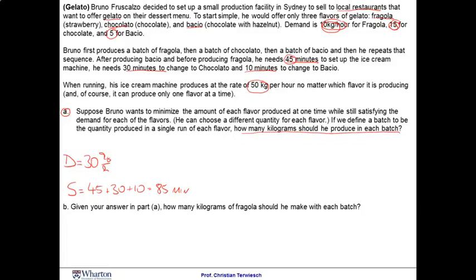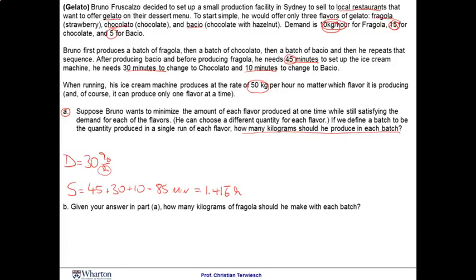Now, since the rest of the calculation is going to be in terms of hours, because the capacity is expressed in kilograms per hour, we need to convert that into hours, and that is basically 1.41 and a bunch of sixes hours per setup.